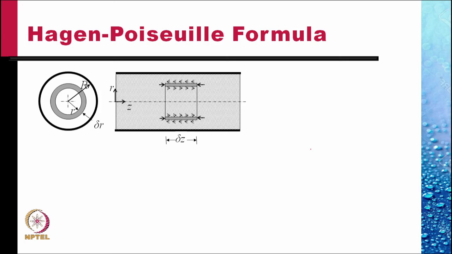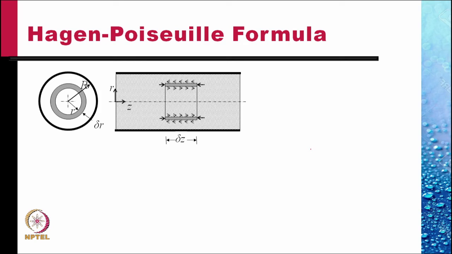A few lectures ago, we obtained the laminar velocity profile for fully developed flow in a pipe. We considered an annular control volume. In this element, we wrote the pressure forces and the shear forces. Because of full development, these two forces should balance.